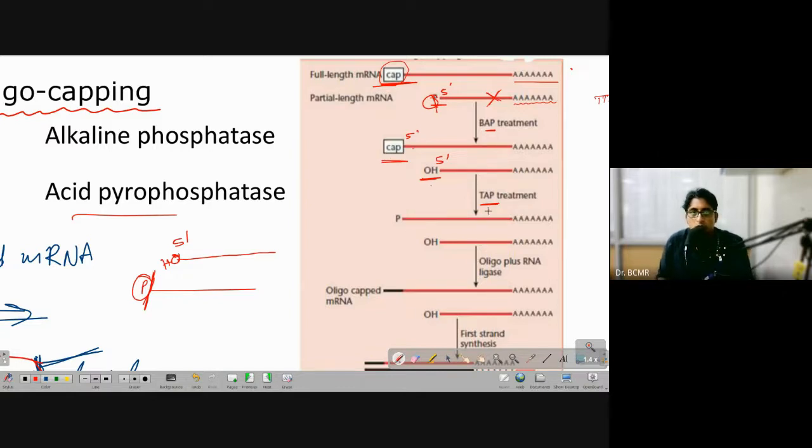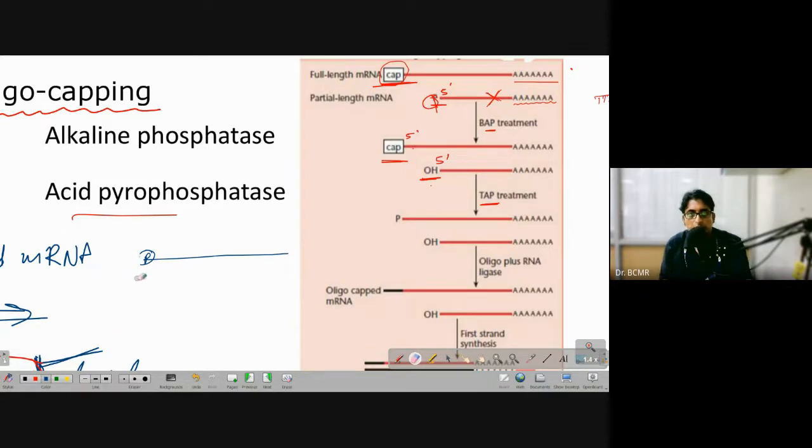Then we are going to use acid pyrophosphatase. Pyrophosphatase, I hope you remember, pyrophosphate means you will have at least 2 phosphates like this. In the G cap, we have 3 phosphates. So the pyrophosphatase will break the bond here like this, and the G cap will be eliminated.